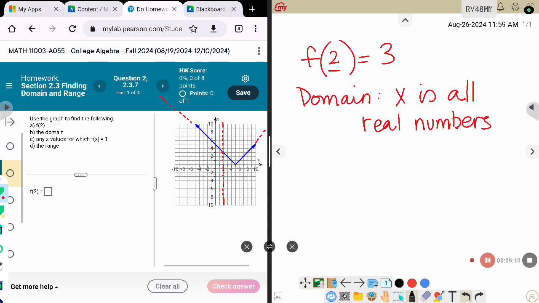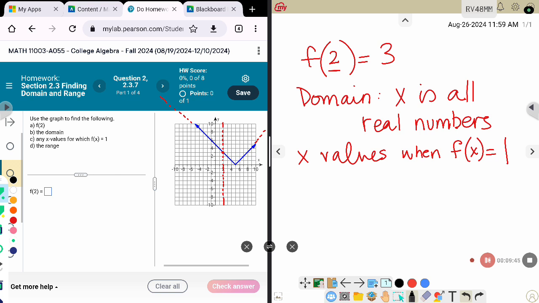Okay, now the next part of this question says any x values when f of x equals 1. And remember, f of x is the same thing as saying y. So what I want to do now, let's see if I can change colors. I want to know where the y is 1.